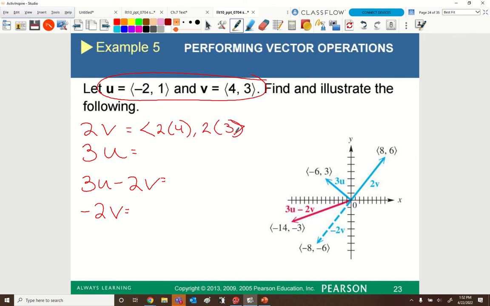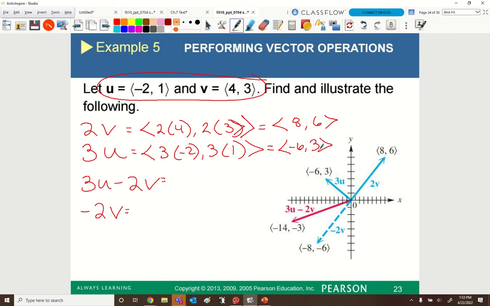So my vector is going to be 8, comma, 6. 3 times u, my vector u: 3 times negative 2, comma, 3 times 1. It's going to give me vector negative 6, comma, 3.